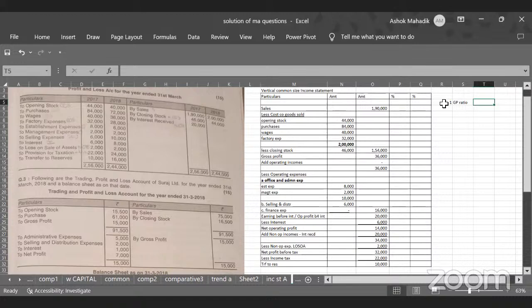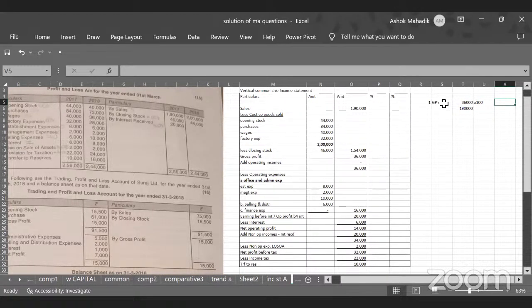So what is the GP here? 36,000, right? 36,000 upon net sales, 1,90,000, into 100. Please calculate. That is 18.94%. Clear?